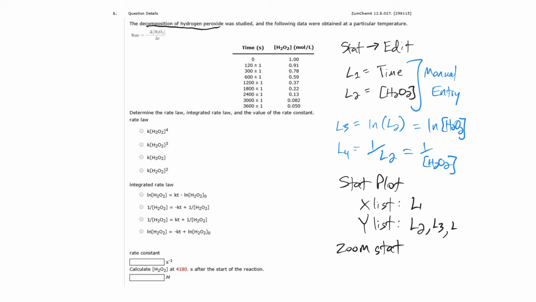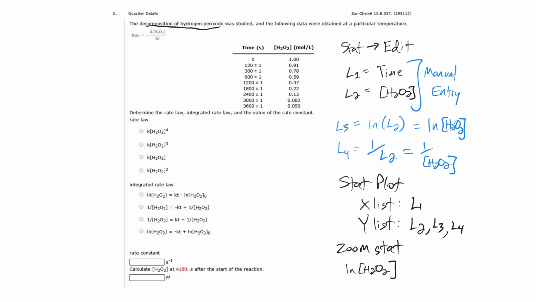And if that's not the case, or even just to double check, even if L1 versus L3 was a straight line, go ahead and plot L1 against L4. Only one of those plots, L1 versus L2, L1 versus L3, and L1 versus L4, will give you a straight line. And the one that gives you the straight line will tell you what reaction order we have.